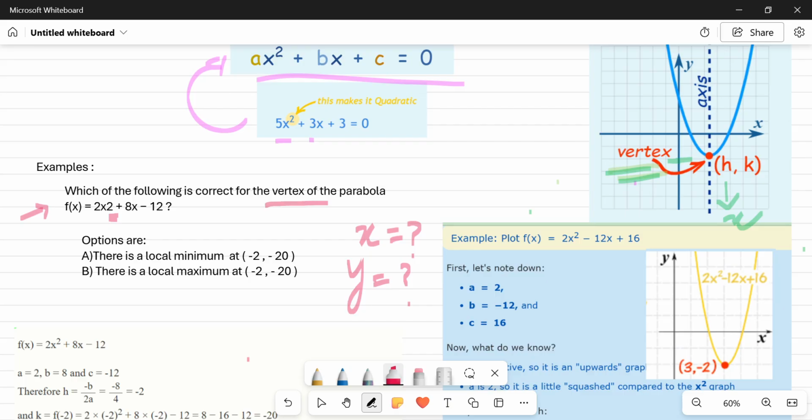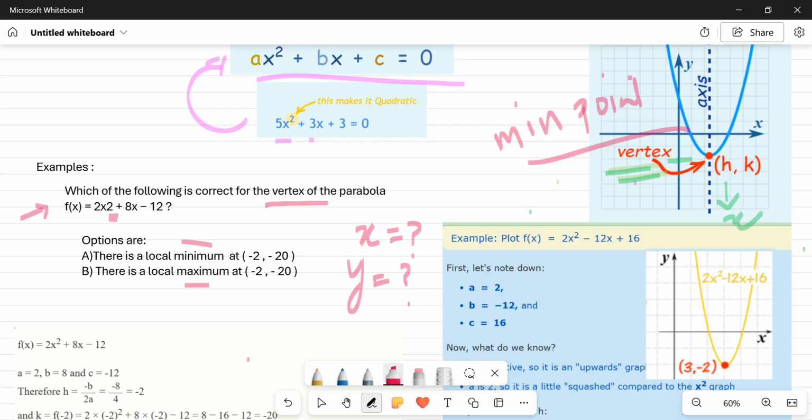The minimum point is the y value. You need to tell whether it is the minimum point or the maximum point. Minimum point means that the parabola opens upward. This example has a minimum point.